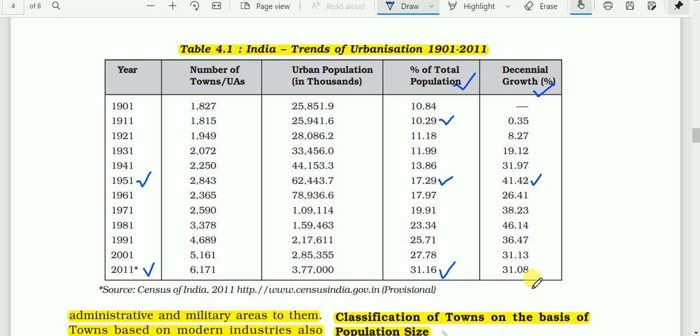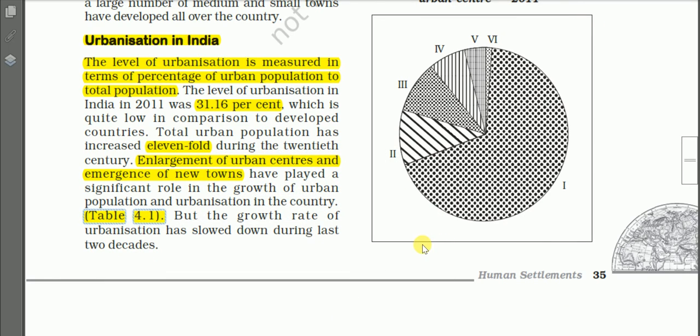However, the decennial growth rate is very low. See, in the year 2001, the level of urbanization was 27.78 and the decennial growth rate was 31.13, and in 2011 the decennial growth rate is 31.08. So there is little difference between 2001 and 2011. So this is about urbanization in India. Any question, boys and girls?